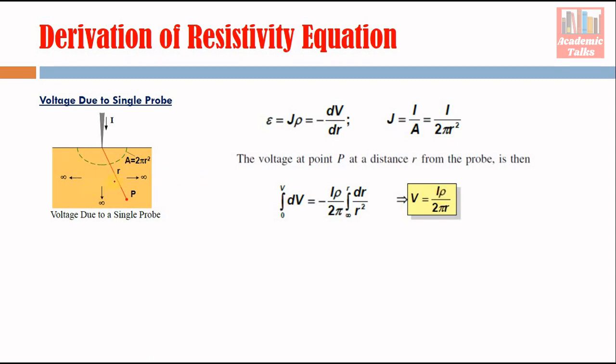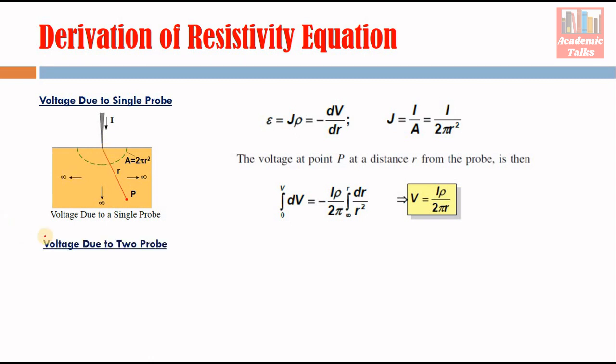So if we increase the resistivity, for a given current and at a given distance, the potential will increase, right? This is normal behavior: if resistivity increases, the voltage drop across the material will increase, right? So this is the case of a single probe touching the material.